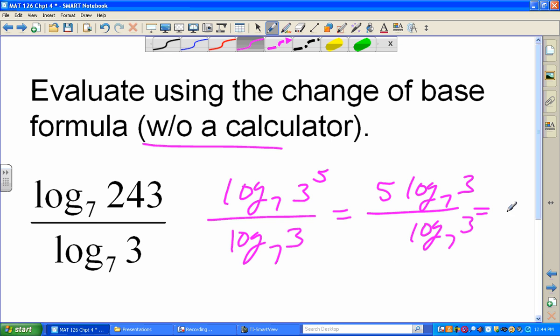The answer is 5. Perfect. Nicely done. That was, as long as you knew that 243 was 3 to the 5th. You could use a tree. There are some things that you have to know and some things you don't, and these are one of the things you do.